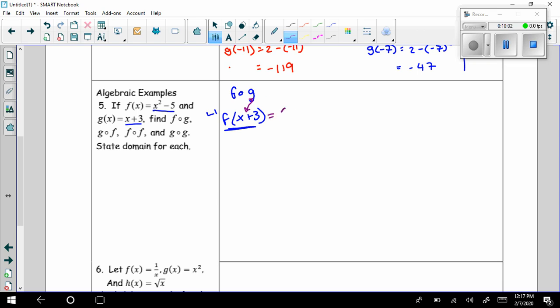So where there's an x squared, I put x plus 3 squared, and then minus 5. So that's x squared plus 6x plus 9 minus 5. So f of g is x squared plus 6x plus 4. Domain for this resulting function is all real numbers because it is a quadratic. And this is f of g.